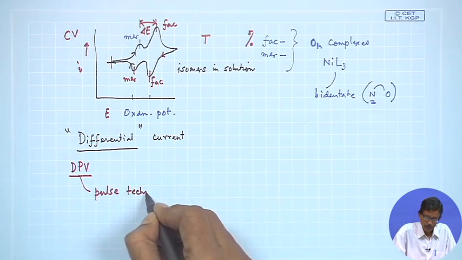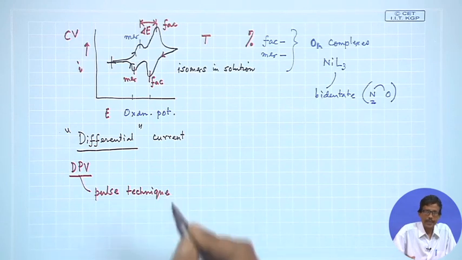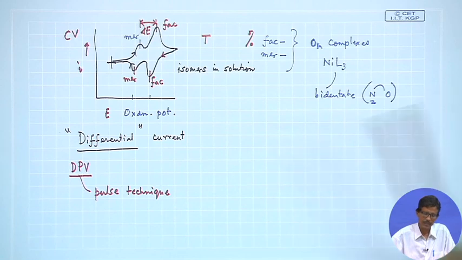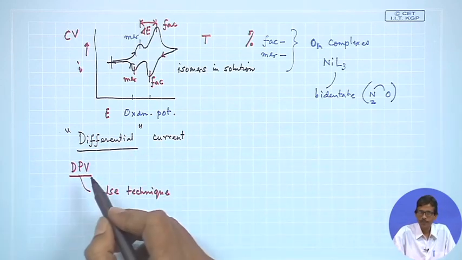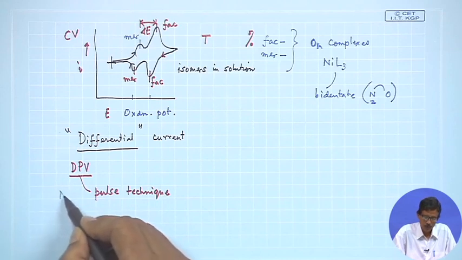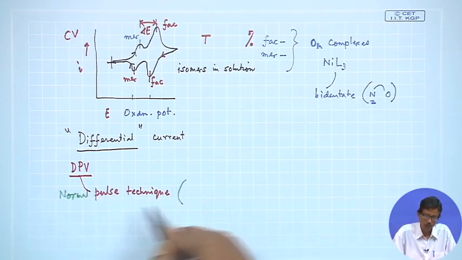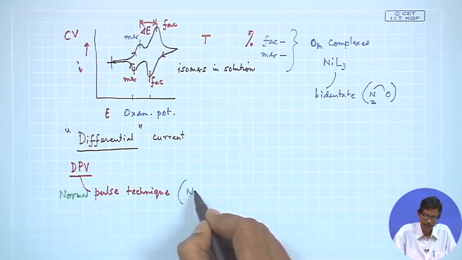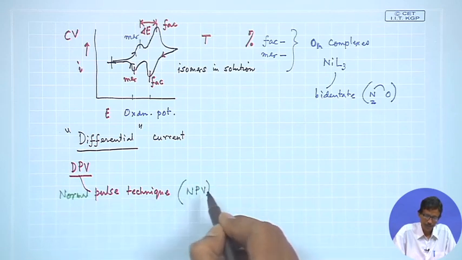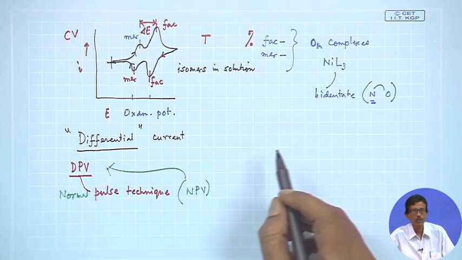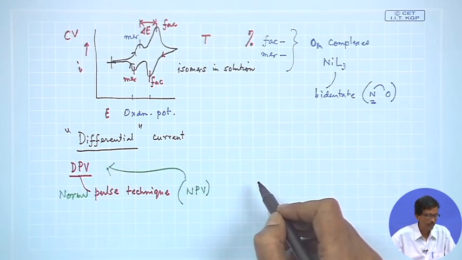The very first thing we will get is the one where we do not have this differential one, the normal one, the normal pulse voltammetry, NPV. Before going to DPV, we should know a little bit about normal pulse voltammetry.